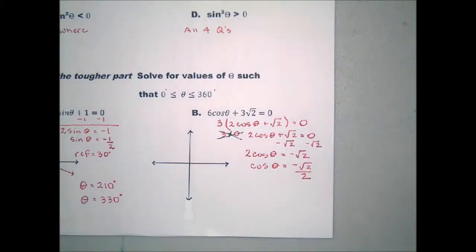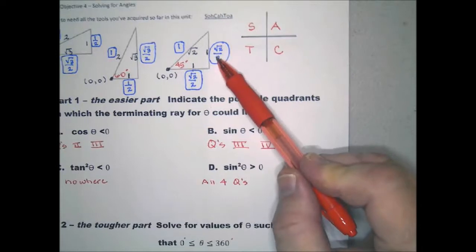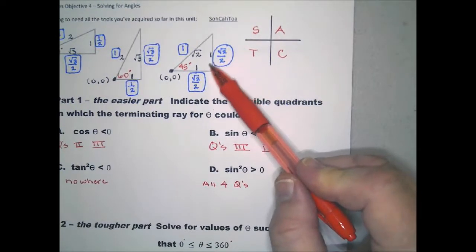Now, there is a reference angle that we know, one of our special right triangles, that has a cosine value of root 2 over 2. And we just have to look back at those triangles, and we find that it's the 45-degree reference triangle.